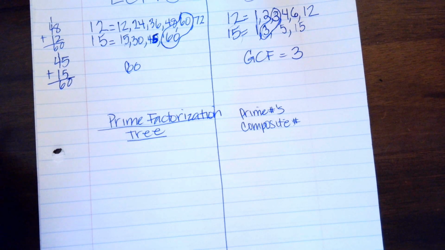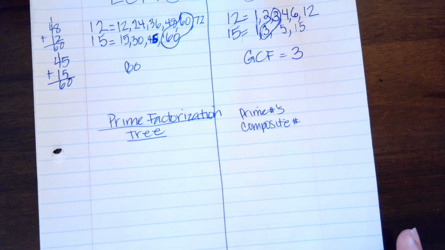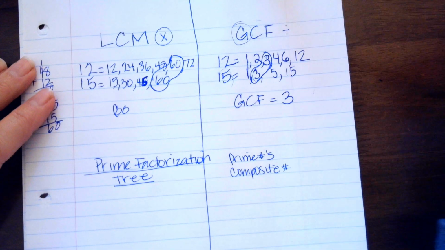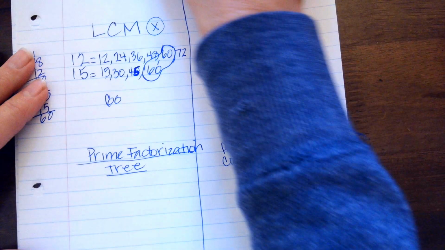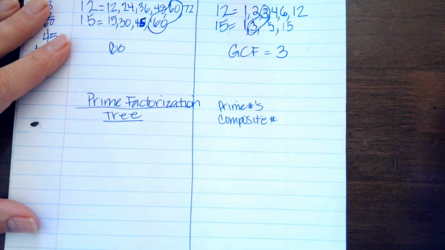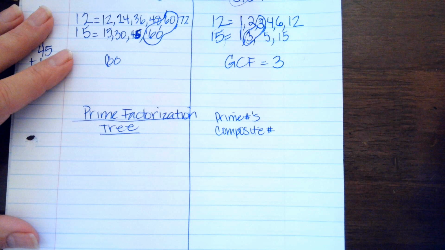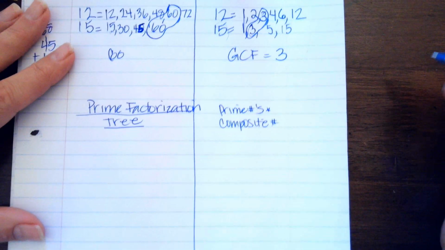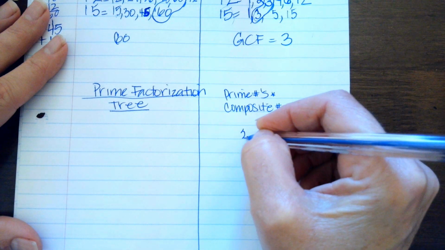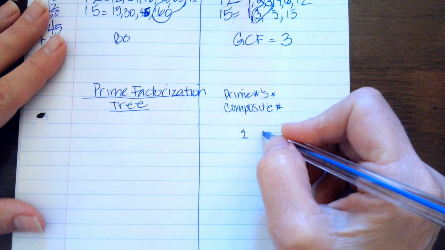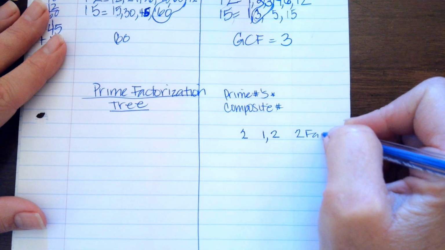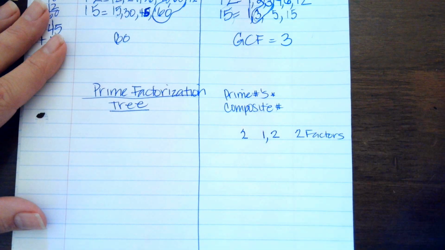So if you have a number whose factors, the numbers that go into it when we divide, are only 1 and itself, then it's a prime number. So an example of that is the number 2. What numbers divide into 2? 1 and 2. So if it only has 2 factors, it's a prime number.